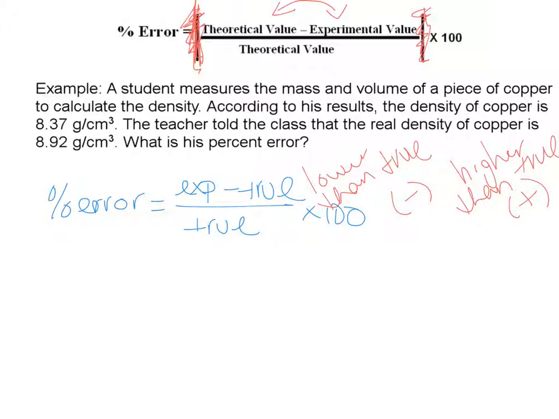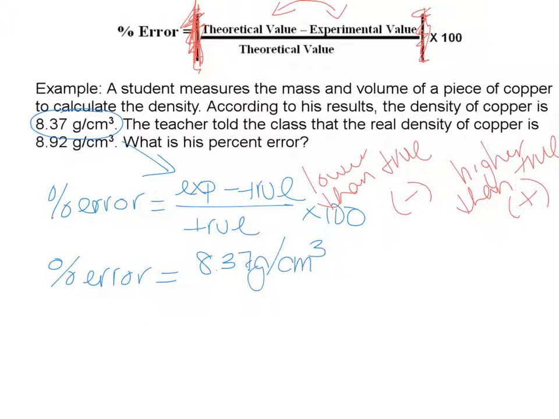The experimental one is going to be the one that you got in the lab. So if we look through, it says, according to his results, the density of copper is blah. So we're going to look at this as the experimental. So our percent error equals 8.37 grams per centimeter cubed. Notice how I'm using my units, and also notice how I wrote my formula.